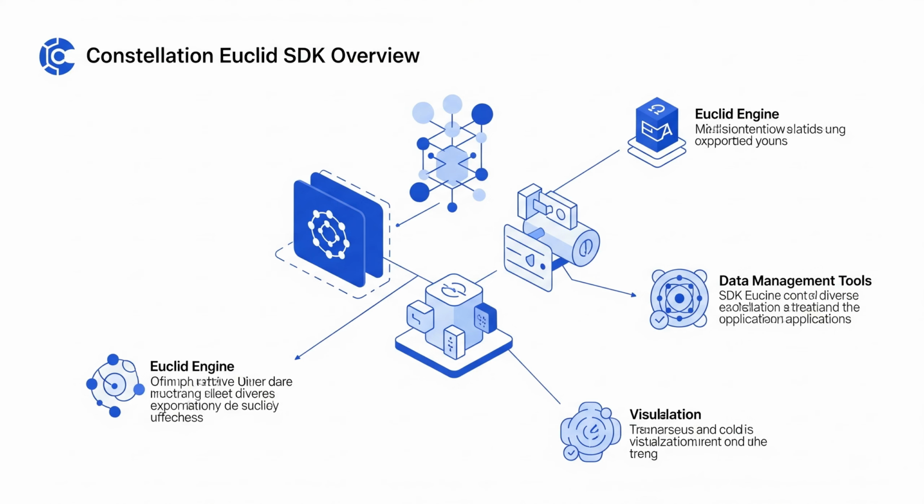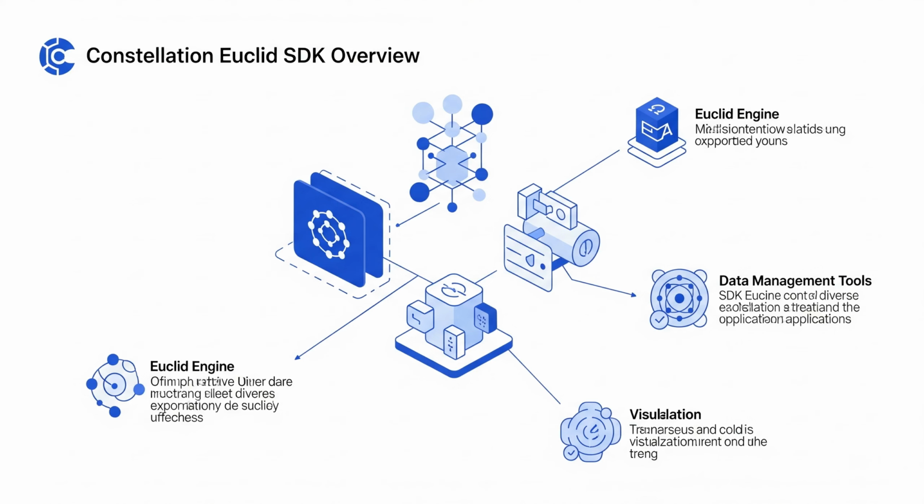So the Euclid SDK basically gives you a set of powerful tools to manage all that complexity locally. It simplifies setting up, running, and connecting these services on your own machine. Think of it like a really good development environment or a control panel specifically for Constellation's architecture. So it tames the beast for local work. Pretty much. It lets developers focus on their app's logic, not wrestle with infrastructure setup just to get started. Makes building and testing way smoother before you even think about deploying.